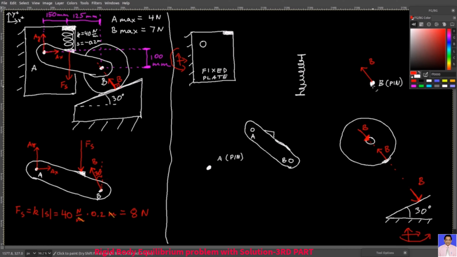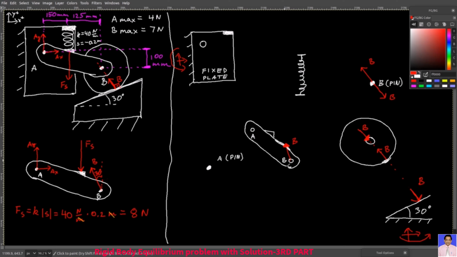Pin B then transfers this B force to this AB member. And of course, the AB member returns the favor because of Newton's third law. From the AB member, pin B has force B in the other direction too. The net effect is 0 newtons, and pin B stays at rest.